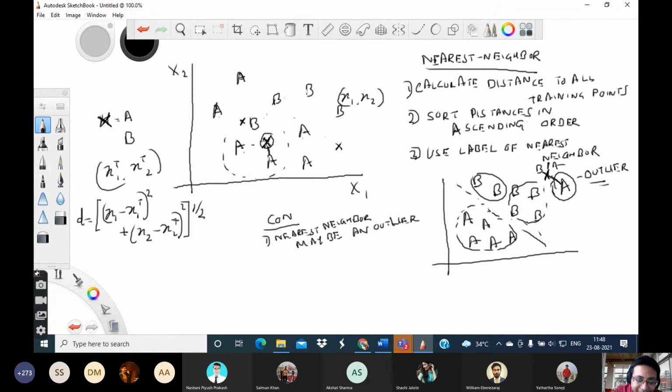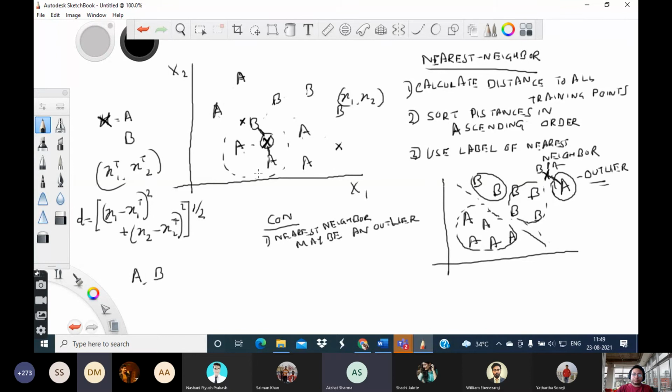So in this case, this is our test point. Here its nearest neighbor is this, which has label A, but our second nearest neighbor is this, which has label B. So now if I consider its nearest neighbors, I have got one A and one B. So what do I do now?